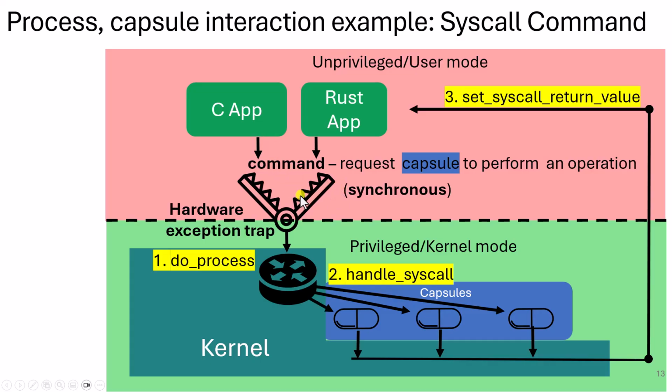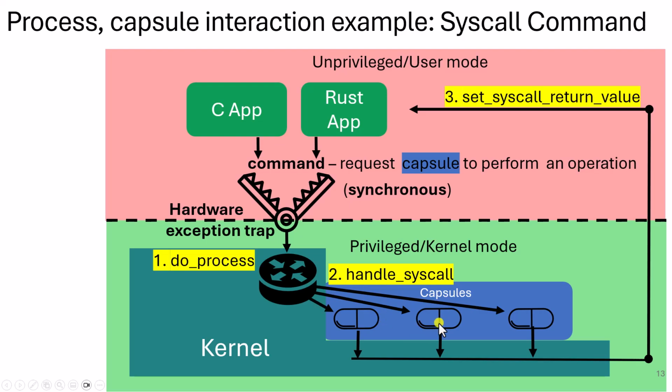That command triggers a hardware exception trap that the kernel intercepts, and it then calls the do process function, which acts like a router. It takes that command, which includes the operation the process wants the capsule to perform and which capsule it's referring to, and uses that information to route to the specific capsule. That's done with the handle syscall function.